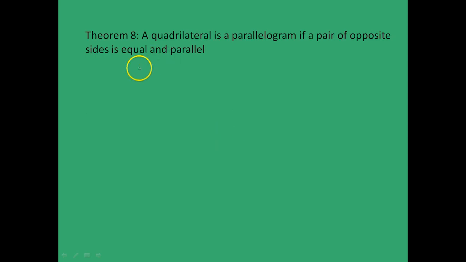So, theorem number 8: a quadrilateral is a parallelogram if a pair of opposite sides is equal and parallel. So, consider any quadrilateral.